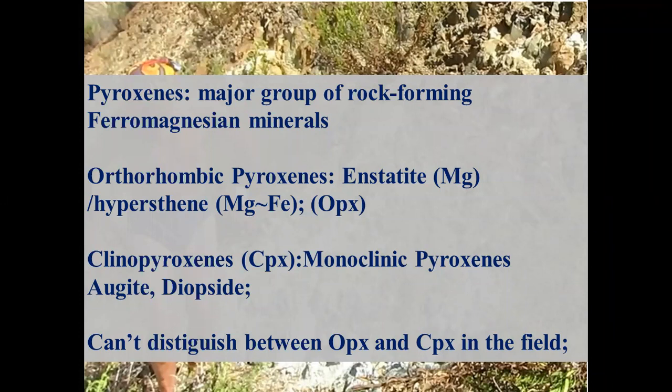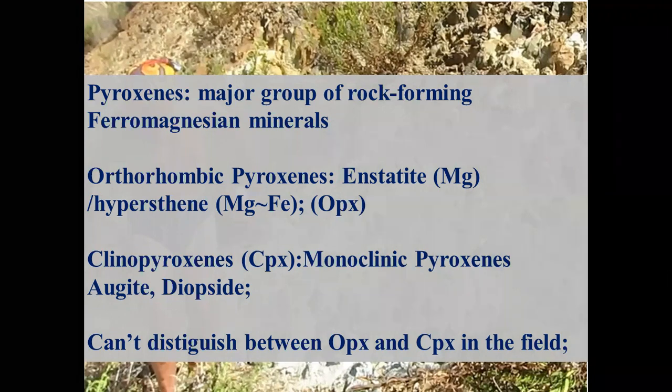As you come into the more intermediate rock types, the pyroxenes become less apparent. And as you come into the felsic rocks, the silica-rich rocks, pyroxenes play a very, very minor role, if any at all. So the pyroxenes are the major group of ferromagnesian minerals to look at.